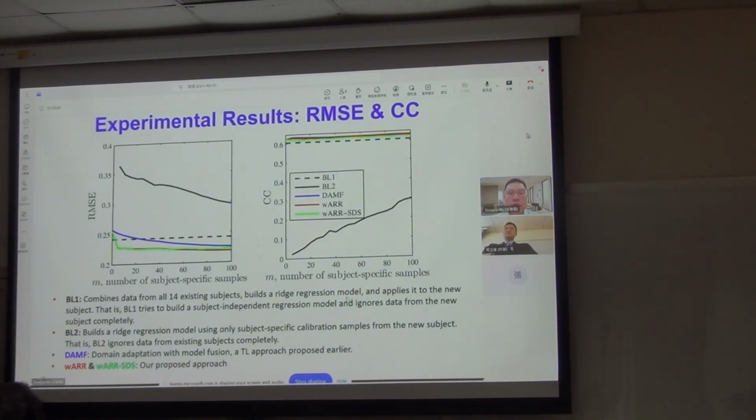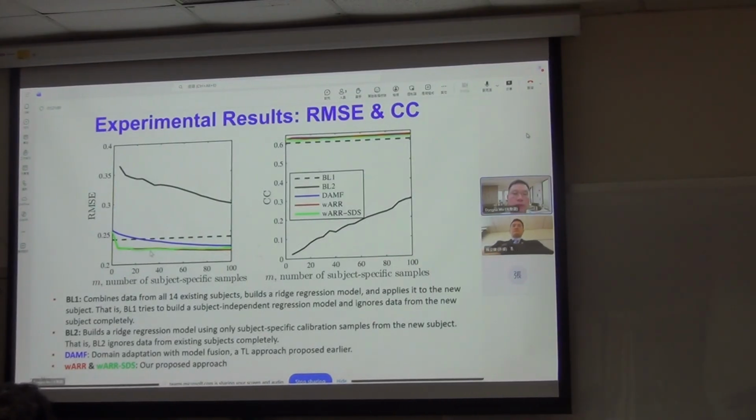The experiment showed that our proposed WAAR and its source domain selection variant achieved a similar performance, especially for root mean squared error. They are much better than other baselines, including TAMF, which is also a baseline we reported before.